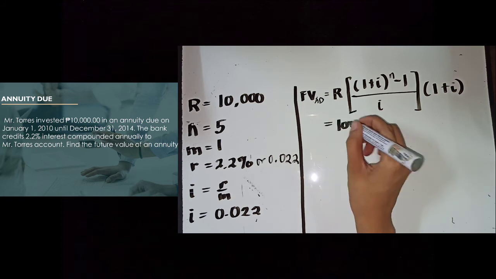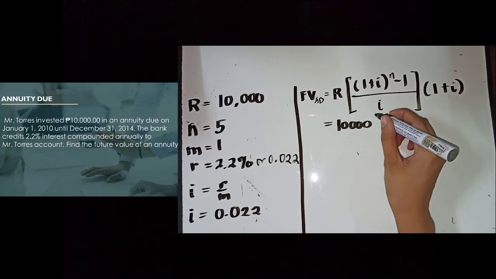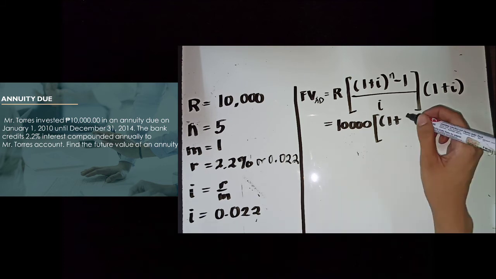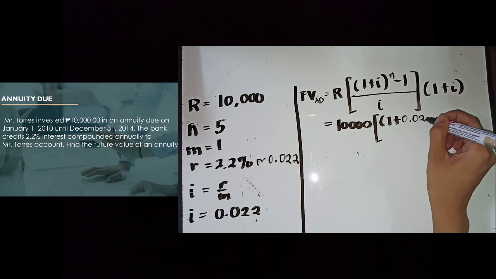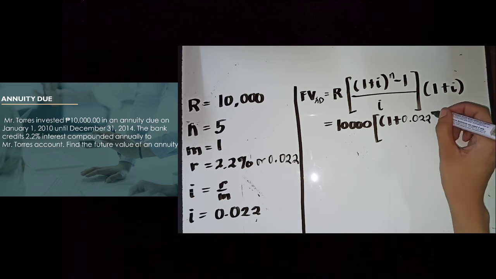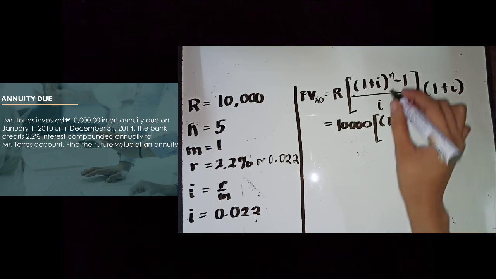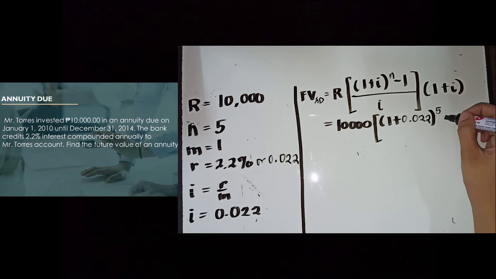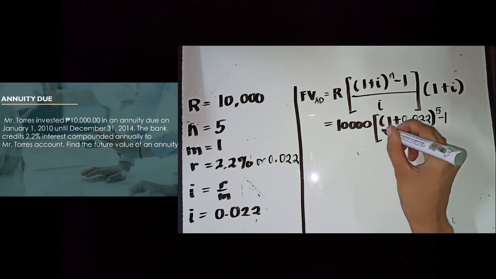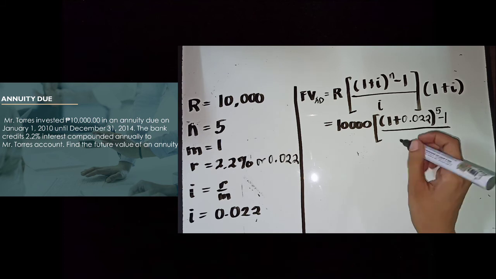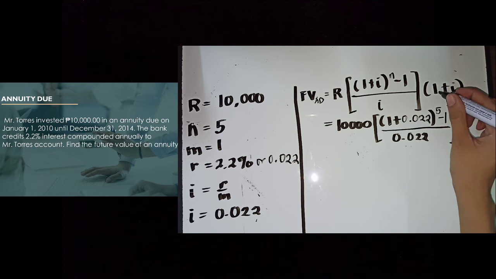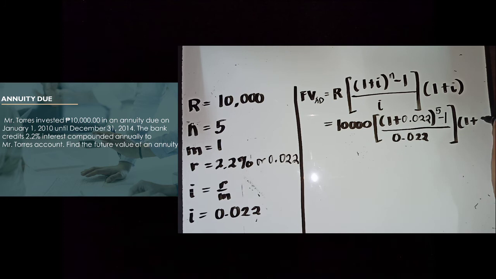R natin is 10,000. 1 plus i natin is 0.022, raised to, the value of your n is 5, then minus 1 over, ang i natin is 0.022. Then multiply by 1 plus i, which is 0.022.